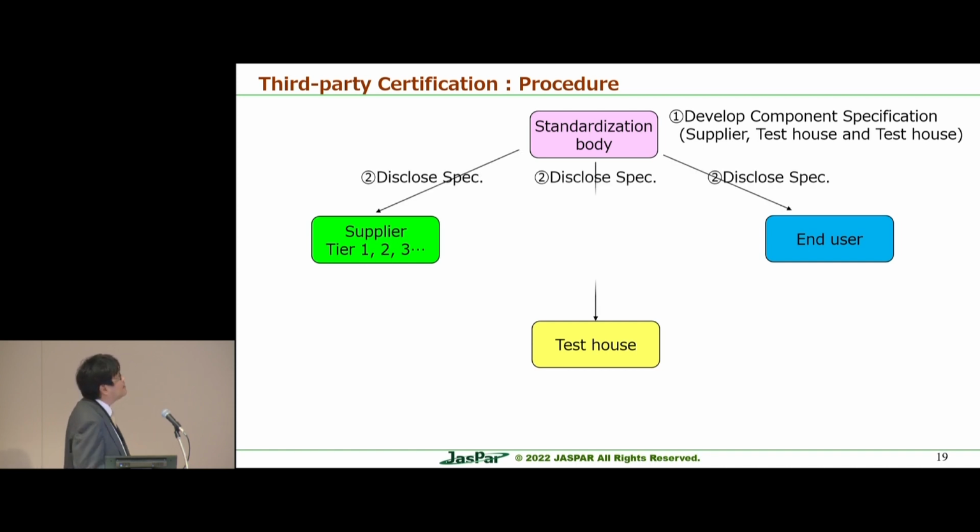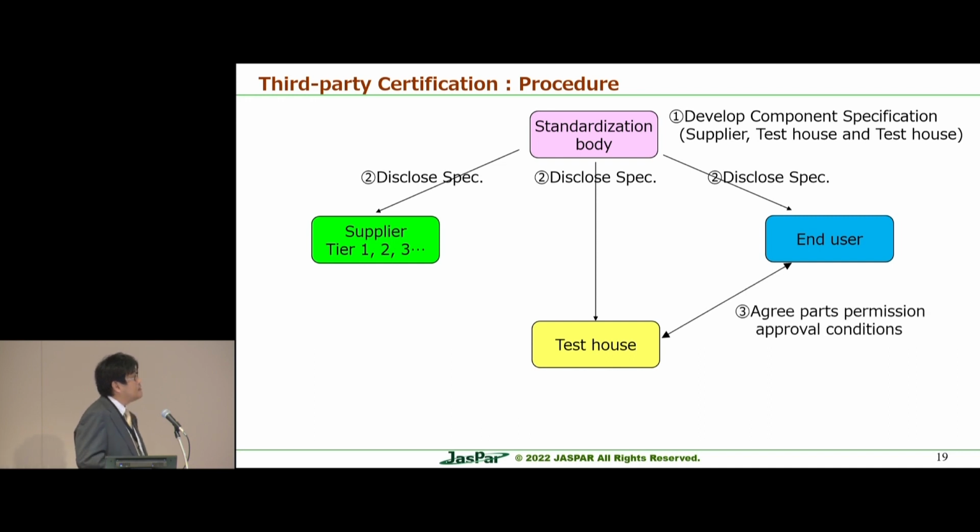And then once the standard is developed, it has to be disclosed to the suppliers, test houses, and the end user. Okay. And once the end user wants to use Ethernet technology, for example, then the test house and the end user will agree on the part approval condition, which complies with the international standard.